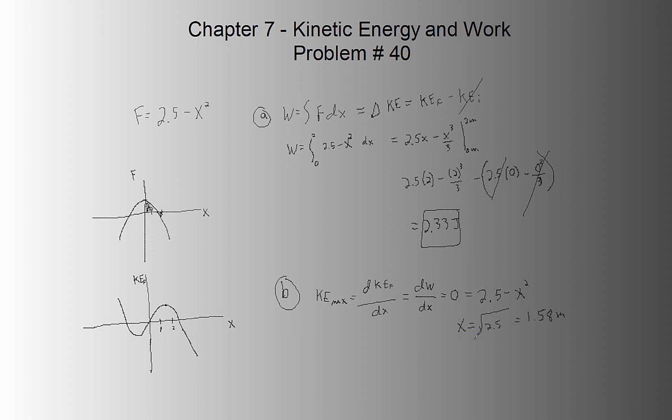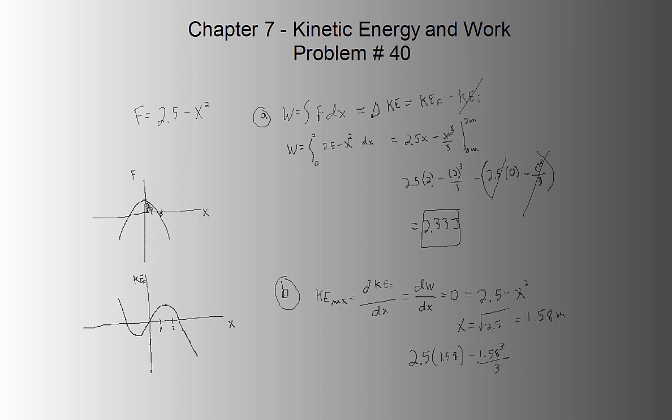And so take that position, stick it into our kinetic energy function up here, and that will give us our maximum kinetic energy. So 2.5 times 1.58, that's our x here, minus 1.58 cubed over 3.